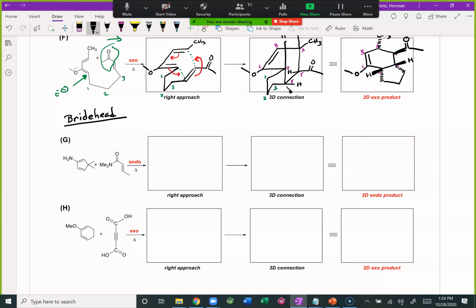All right. I'm going to show you why they're called bridgeheads. So here, notice that you still have to worry about flipping the diene so that your most electron-rich carbon is at 6 p.m., or 6 o'clock.